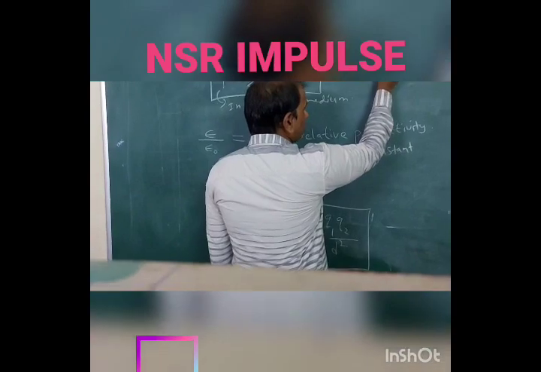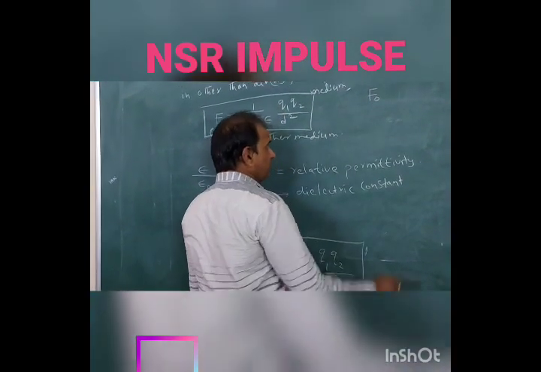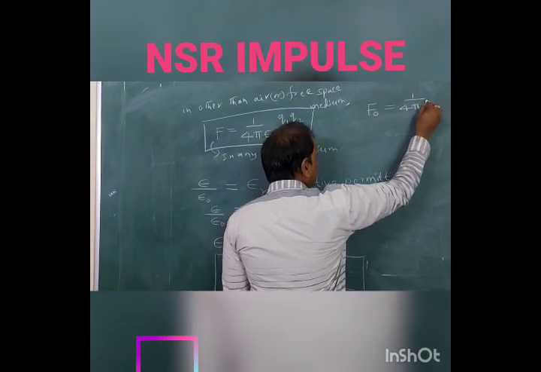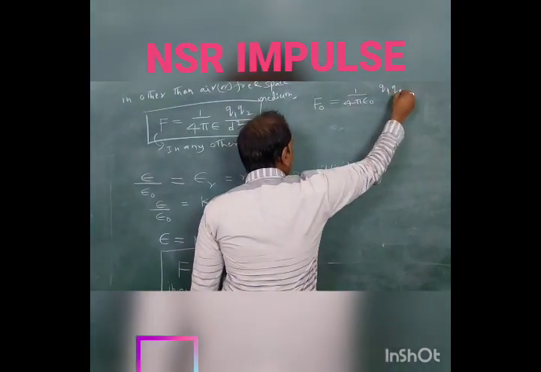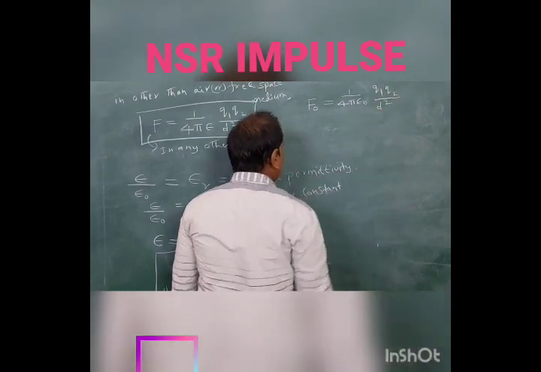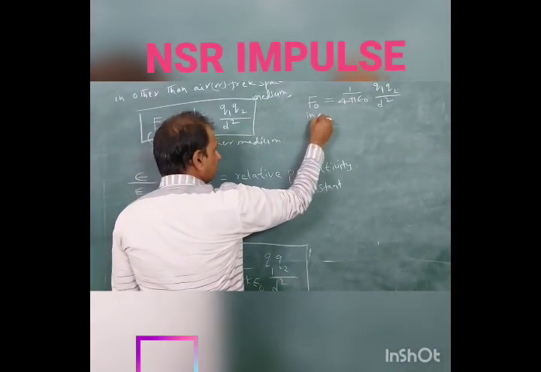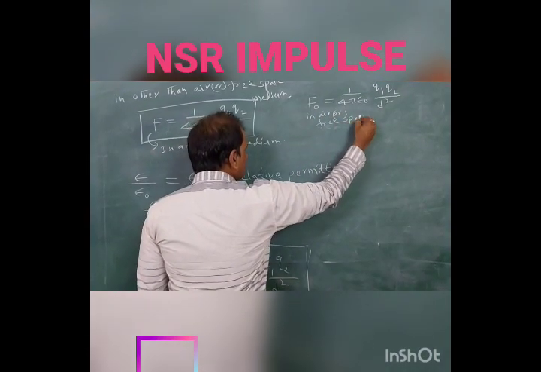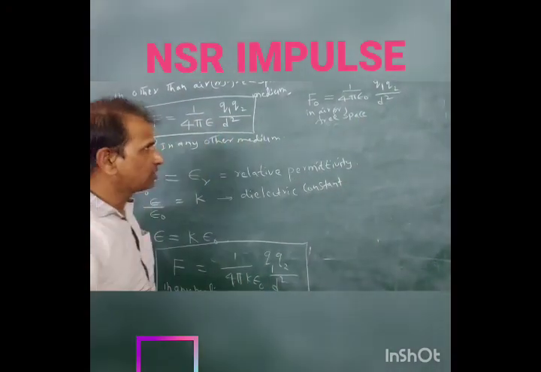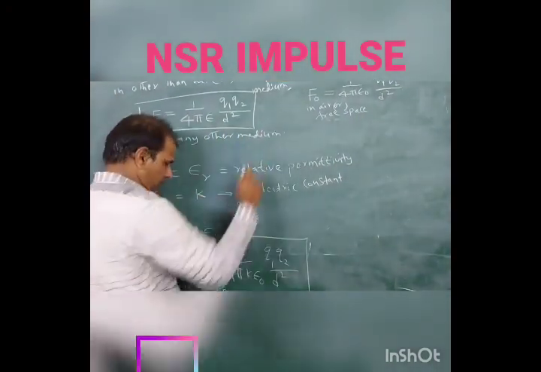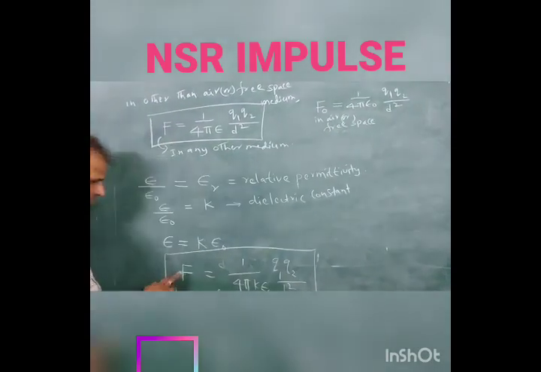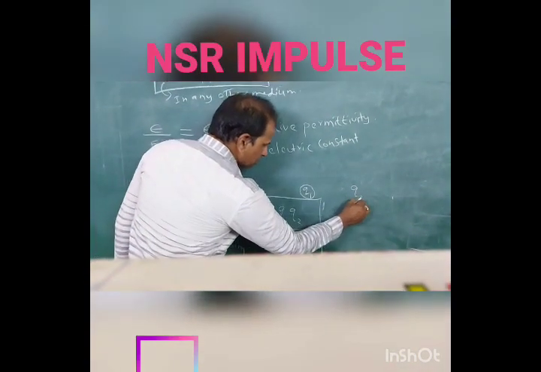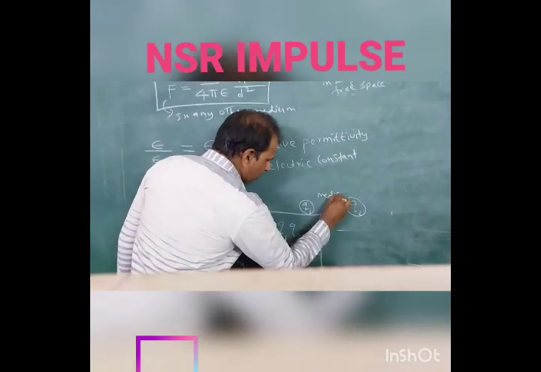Earlier we wrote the force between two charges in air or free space as 1 by 4 pi epsilon naught Q1 Q2 by d square. This is the force between two charges when they are separated in air or free space. When these two are separated in any other medium, if we show in this diagram, this is Q1, this is Q2, and this is a different medium.